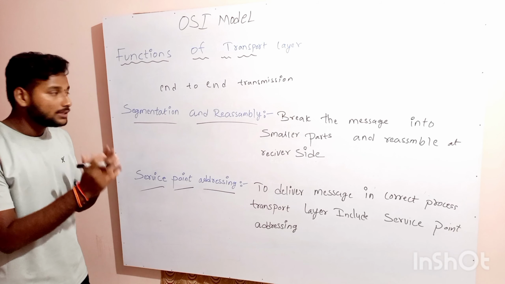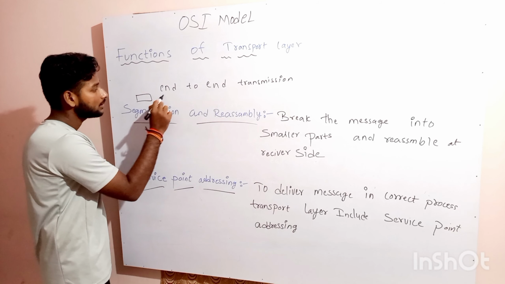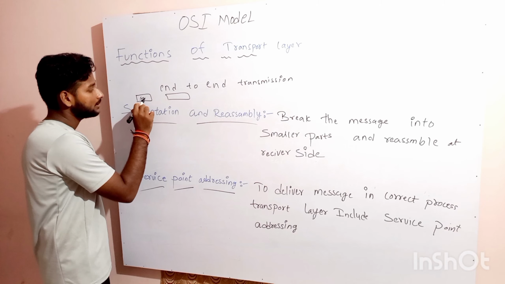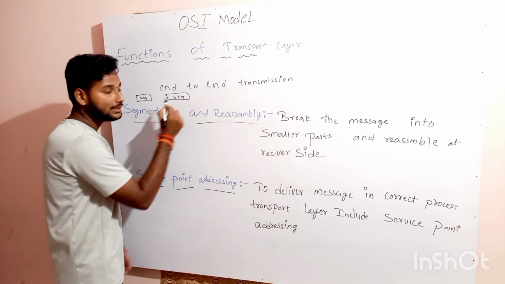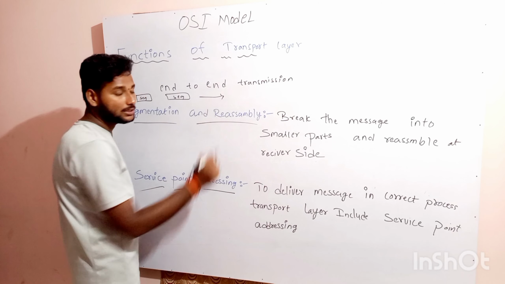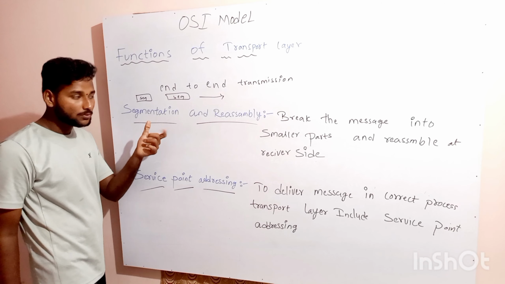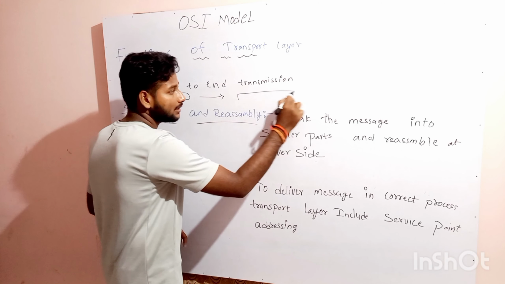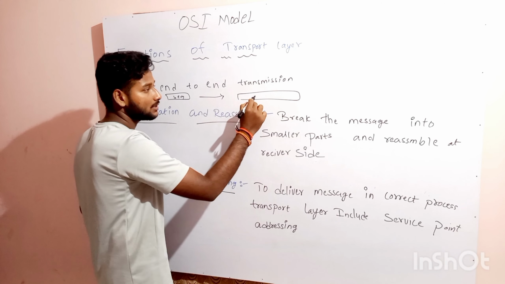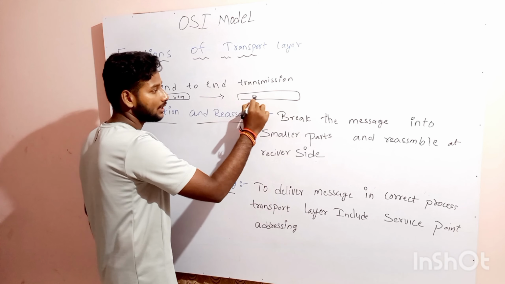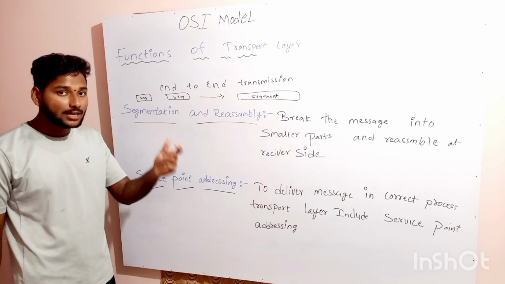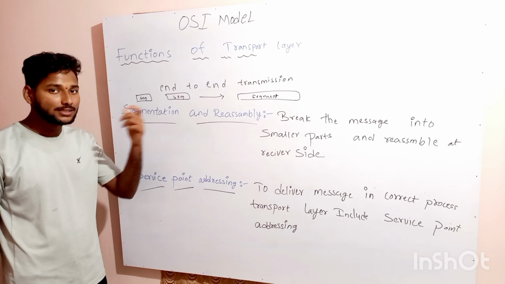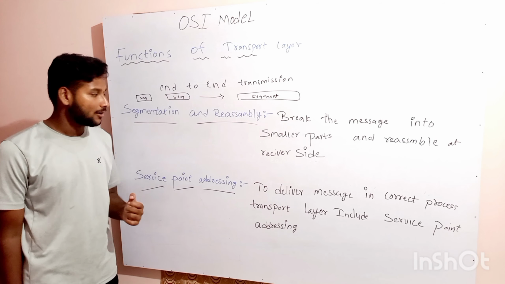First, we divide the data into small parts called segments. From sender to receiver, the data is divided into small segments, and these segments are collected at the receiver side to check that the end-to-end data transmission is done correctly, that the whole message is transferred correctly or not.